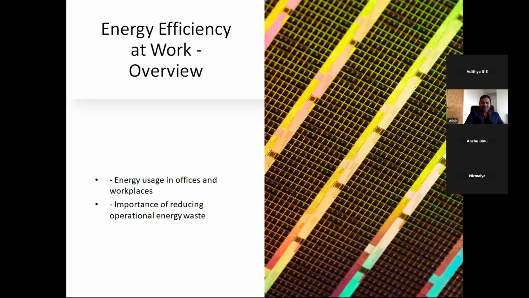Energy efficiency at work overview. So far, we have discussed more about the household and how we are going to save a lot of energy by taking simple care. To summarize in short: using thermostats to control all the boilers, air conditioners, everything, making sure that we keep all our things turned off during night time, and ensuring windows and doors don't lose any energy.